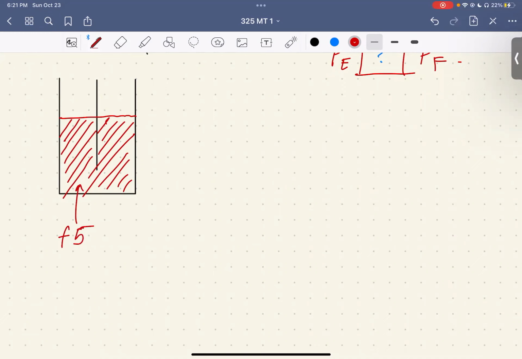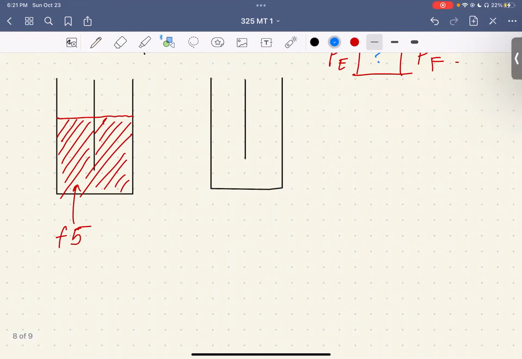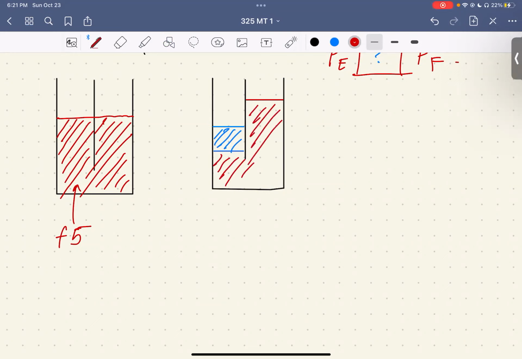Then what happens is when fluid 2 is added, we add fluid 2, it actually pushes down on fluid 5. So fluid 5's height increases. So let's just draw that out here. Great, so we have fluid 5 right here, and we have fluid 2.